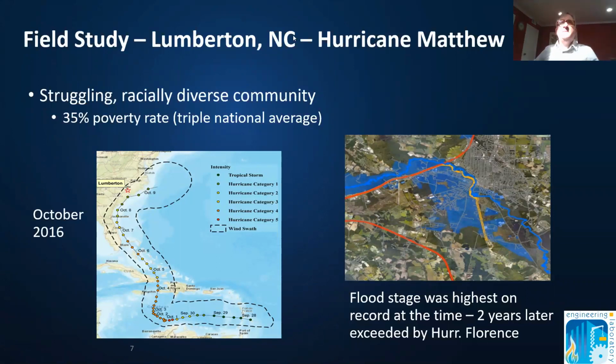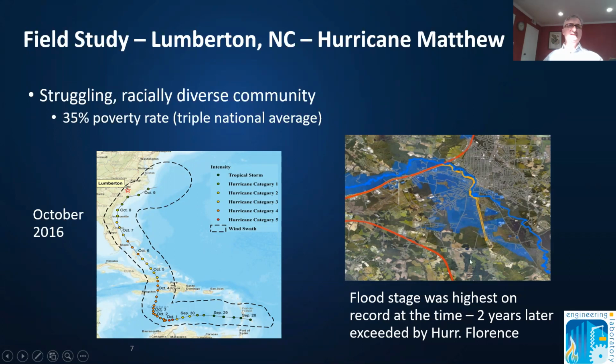So what about Lumberton, North Carolina? It really was a struggling community. A lot of textile mills had left, and poverty was triple the national average. When this storm came up the coast in October of 2016, there was a lot of flooding.